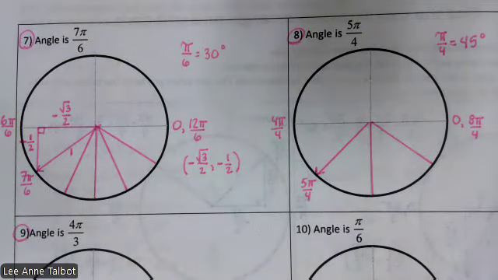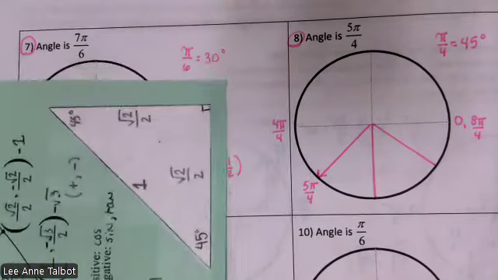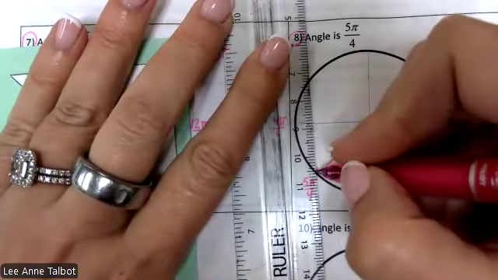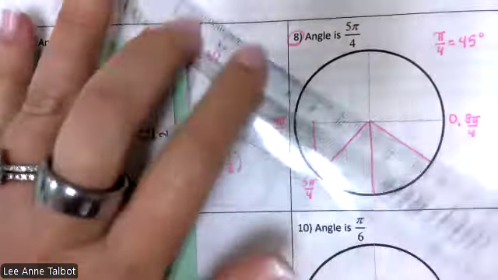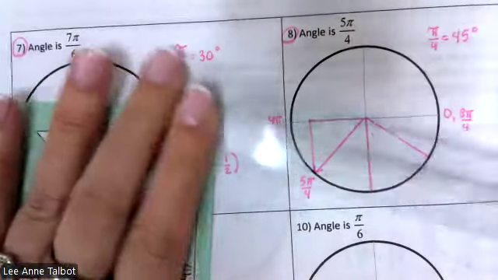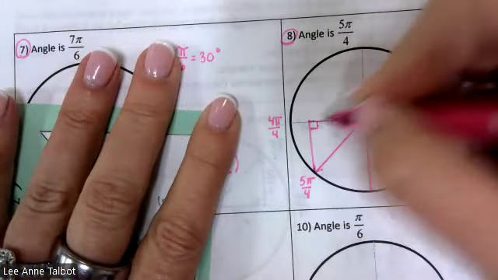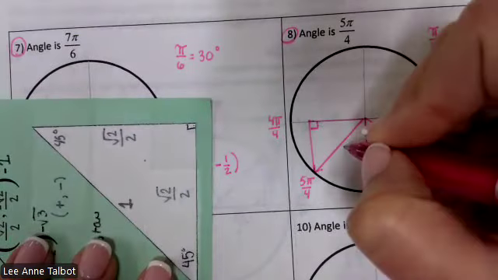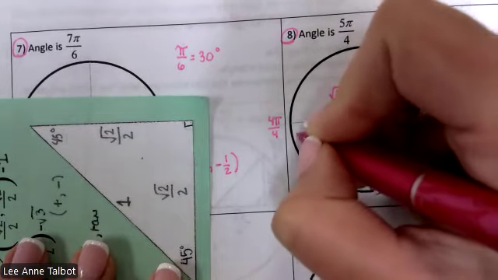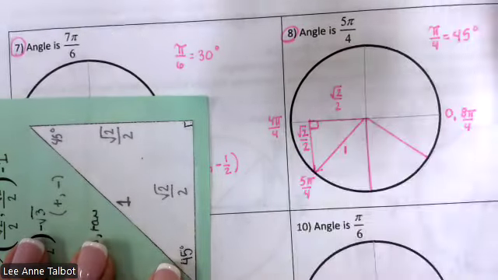So we should look at the 45, 45, 90. Mm-hmm. 1, √2 over 2, √2 over 2.